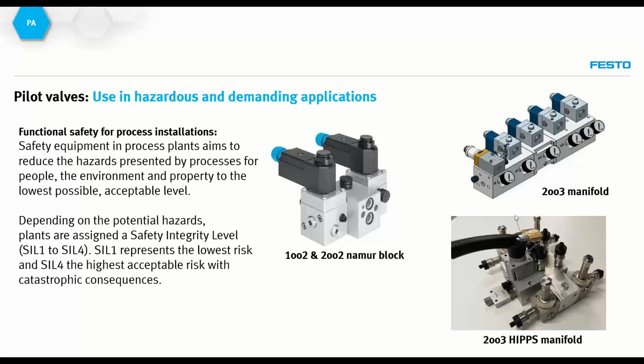We also can extend this a little bit further, and this is a 2 out of 3 manifold for HIPS applications, High Integrity Pressure Protection System. And this is where we are also using 4 different solenoid valves, but instead of individual pressure gauges, we are using pressure transmitters, which are the items shown over here.